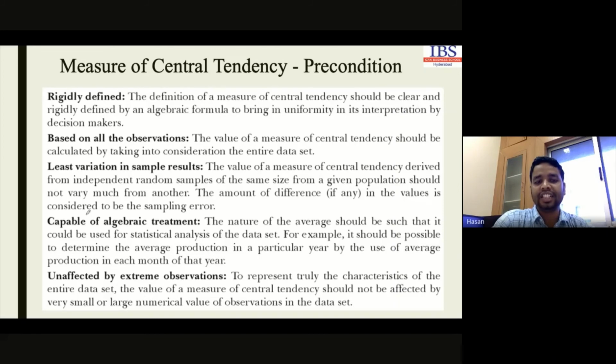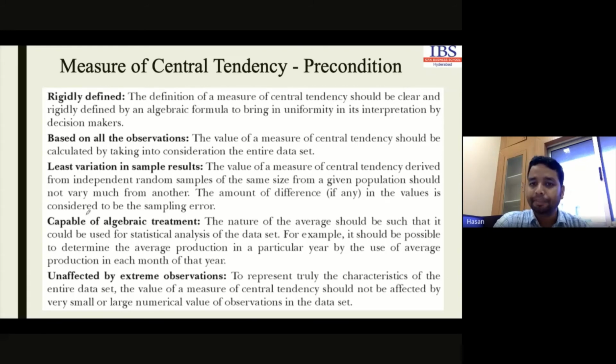Before starting with the statistics, we have to identify some conditions for central tendency. The very first one is that it should be rigidly defined. Our central tendency can be measured by mean, median, or mode, so we first decide which one to take.